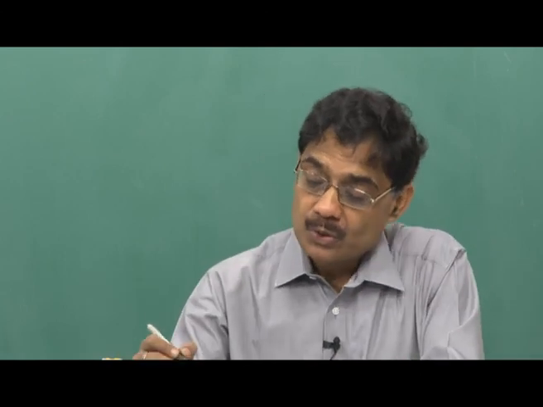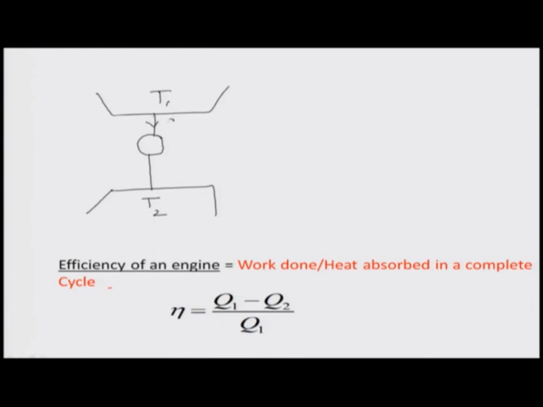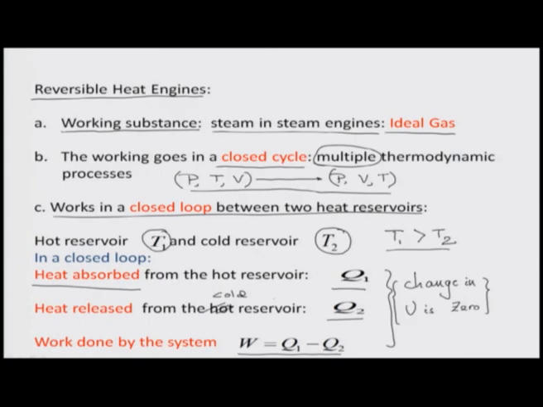The heat absorbed, which I show by this arrow, is Q1, heat released is Q2, and then W is the work I can extract from the engine over a cycle, and conservation of energy tells me this.